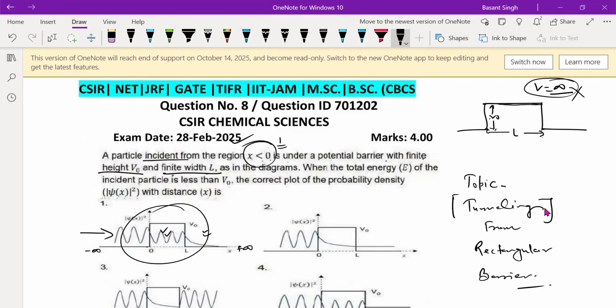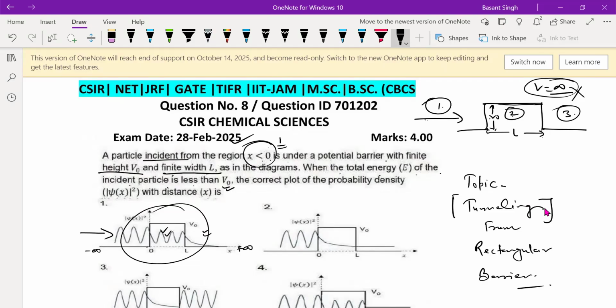Okay, 0 to L. The total energy of the incident particle is less than V0, and the particle approaches from region 1 and after tunneling goes to the third region.